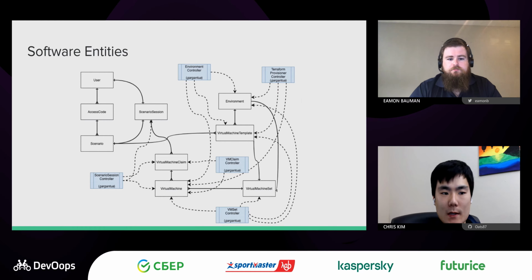The user is represented as a custom resource, and access code is a method that the user uses to get access to the various scenarios that they want to go through and learn on, because we have multiple scenarios and not every user should have access to every scenario, or we might have custom ones for custom customers or custom users. That is very important for us to be able to restrict, so we built this access code concept.